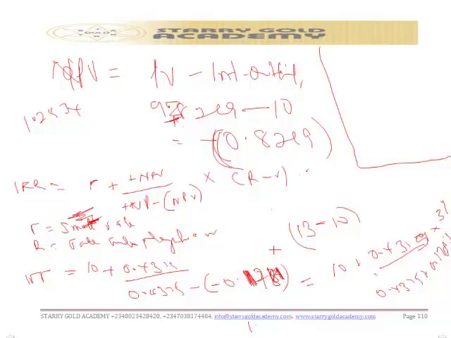So it gives us 10 plus 0.4315 all over 0.4315 plus 0.1781 times 13 minus 12, which is 1. Let's just write 1 here. Now let's recalculate.